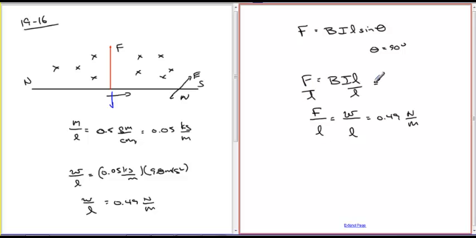The force per unit length due to the interaction of the current and the magnetic field is just B times I. So 0.49 is equal to B times I, and we're solving for B. B is equal to 0.49 newtons per meter divided by I, the current, which is 2.00 amps.